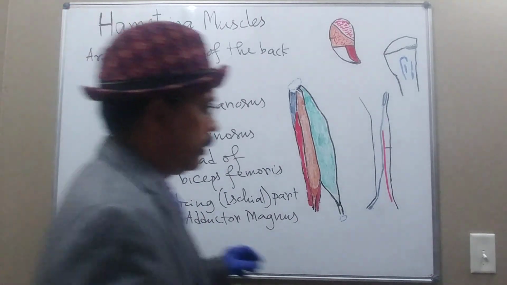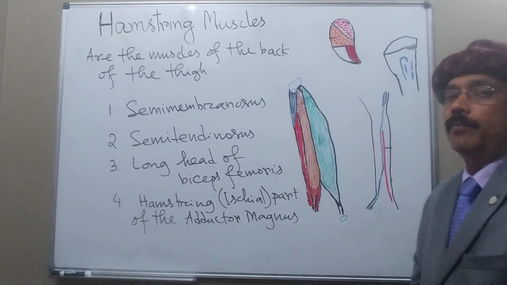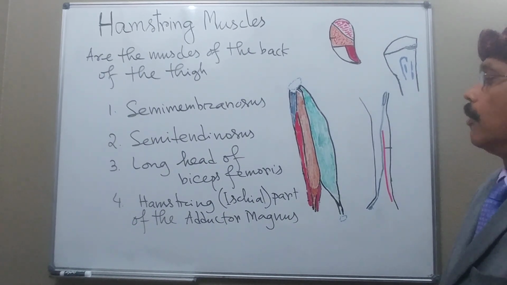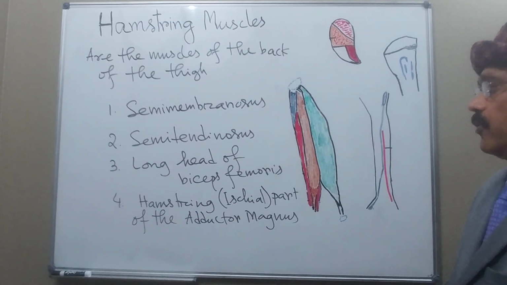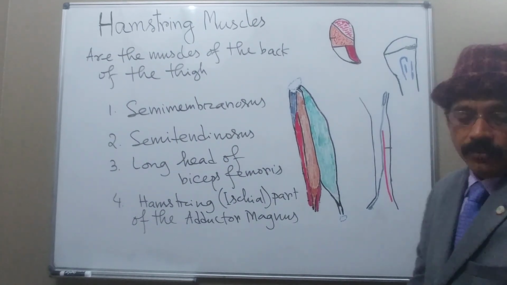So we got the hamstring muscles: semimembranosus, semitendinosus, long head of biceps femoris, hamstring or ischial part of the adductor magnus.